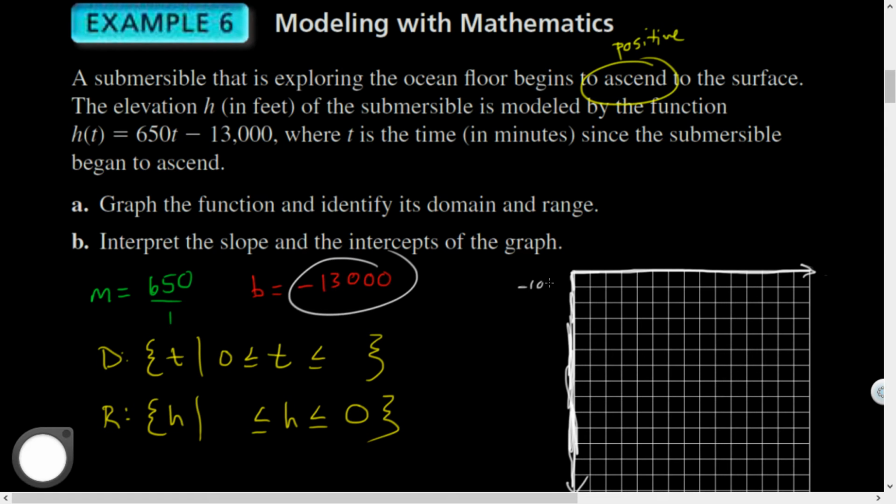So I could have negative 1,000. Maybe I'll just label every few. Negative 3,000. This would have been 4,000, 5,000, negative 5,000, right? 6,000, 7,000. I'm not going to label all of them, but I could have counted by thousands. You also could have counted by 2000s, which is what the book decides to do for this problem.